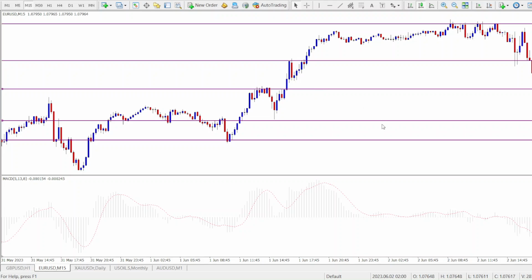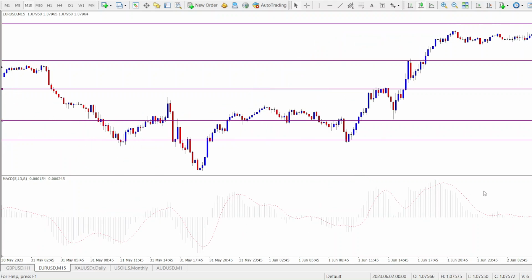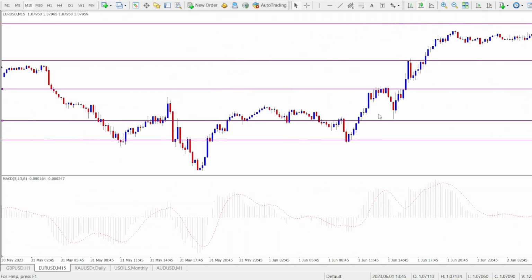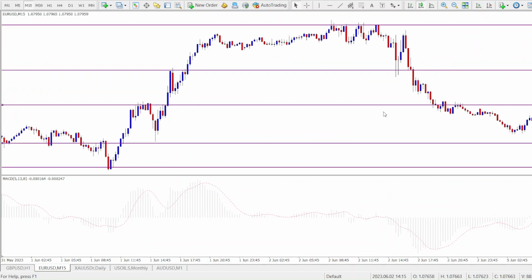So even when you are looking out for signals from the MACD, these support and resistance zones can further help you to know when to exit your trade or when to even enter your trade, because those levels play key roles when it comes to reversals and even continuations.